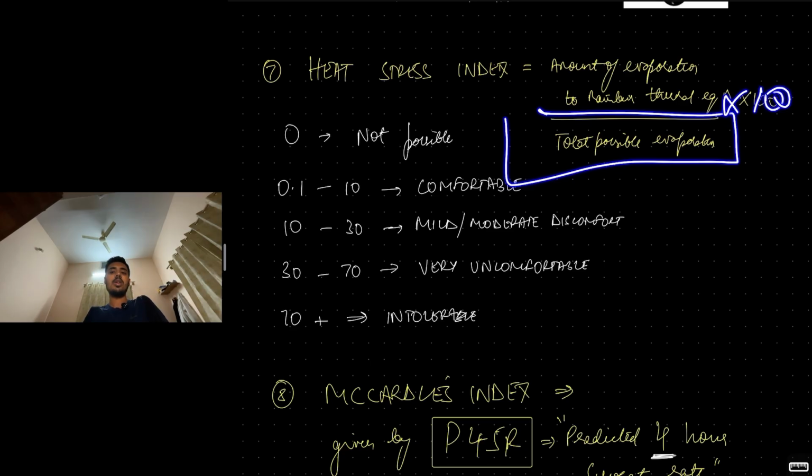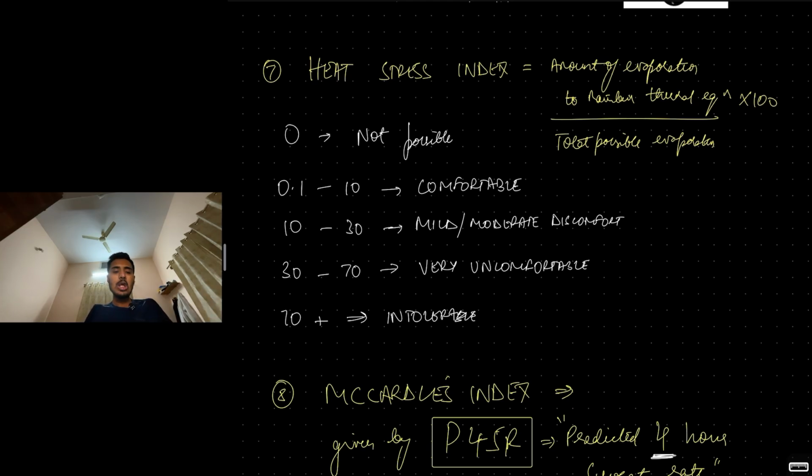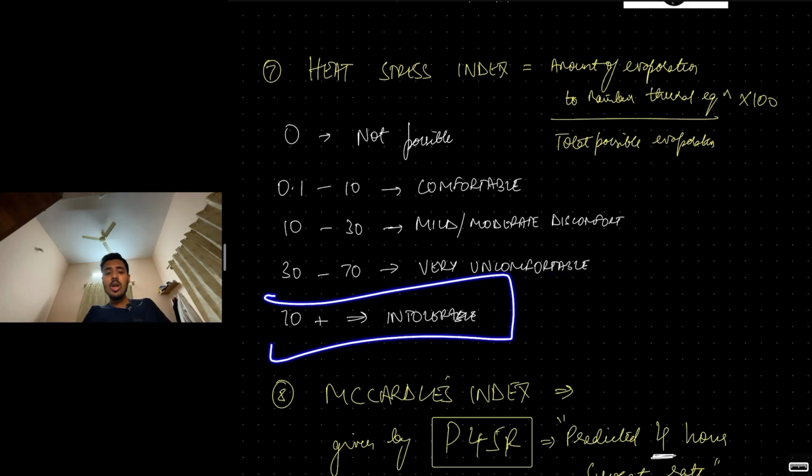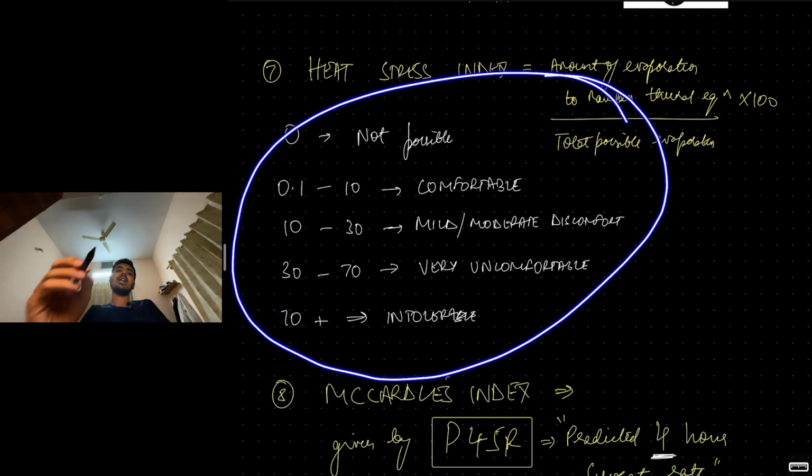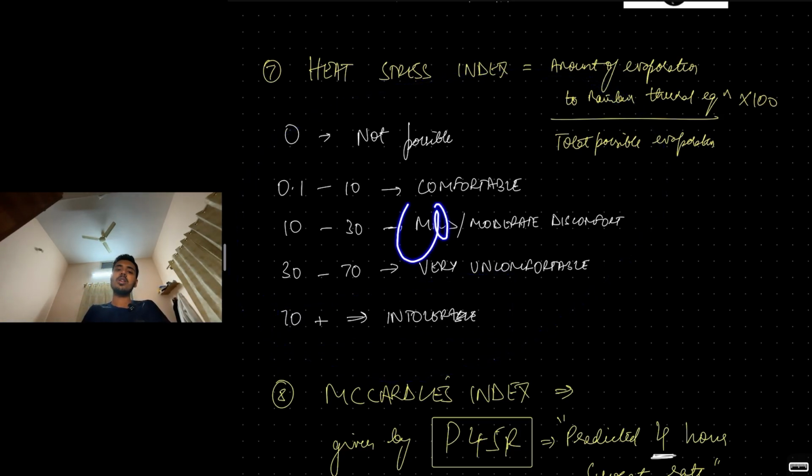A heat stress index of 0 is not possible in life. 0.1 to 10 HSI, comfortable. 10 to 30, mild to moderate discomfort. 30 to 70, very uncomfortable. 70 plus, intolerable. Again, heat stress index can be used for comfort zones. Wherever you're able to divide it into comfort zones, those are the best indexes.